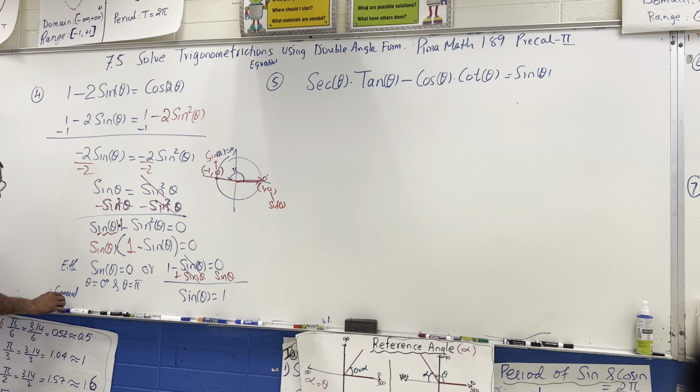It means if the angle is 90 degrees, which is pi by 2, then sine of 90 is 1, because sine of pi by 2 is 1. So that's why I say, okay, if sine theta is 1, therefore the answer is theta is pi by 2.